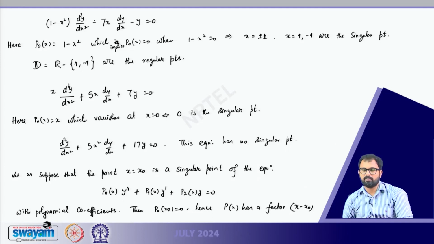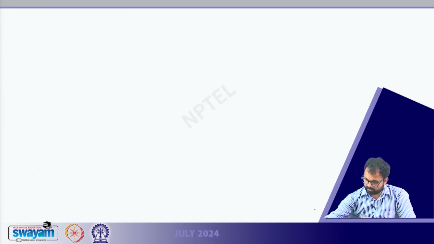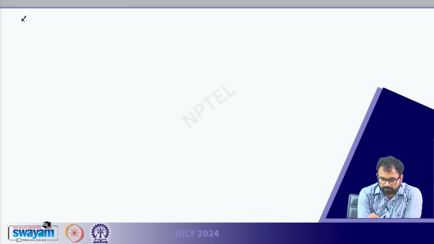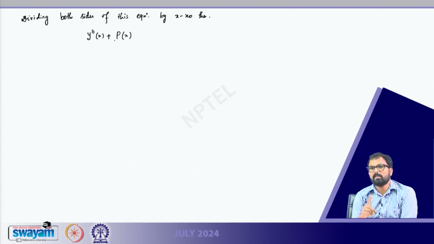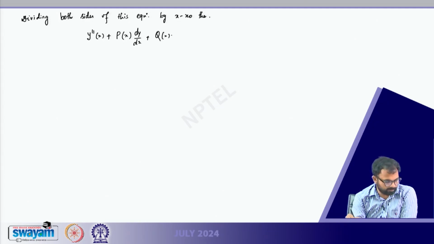Now, if we divide both sides of this equation by x minus x0, then what we will get is y double dash(x) or d square y by dx square plus capital P(x), where capital P(x) will now be p1(x) by x minus x0, into dy by dx, plus capital Q(x) into y.